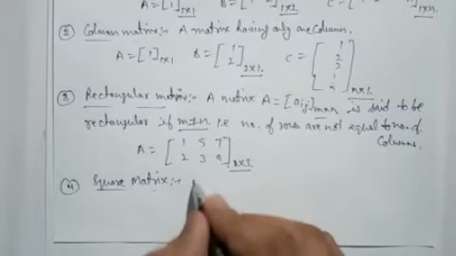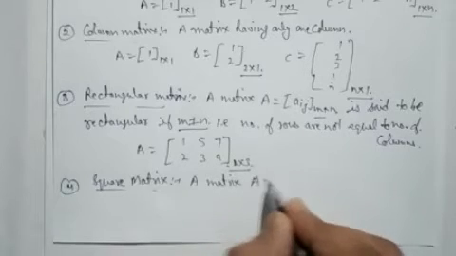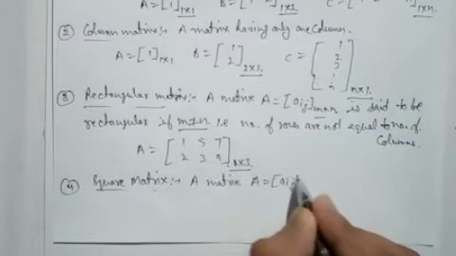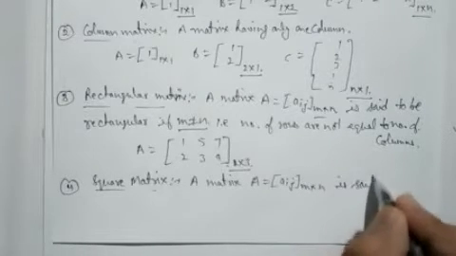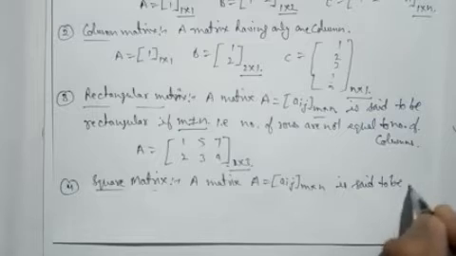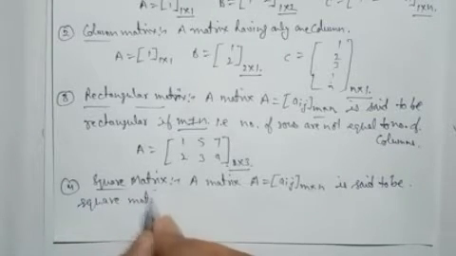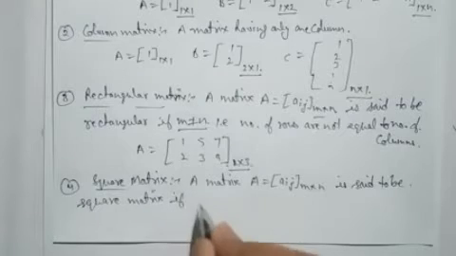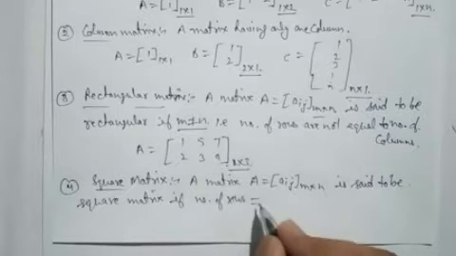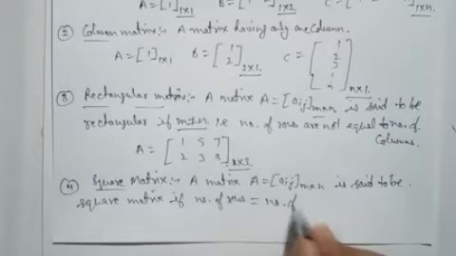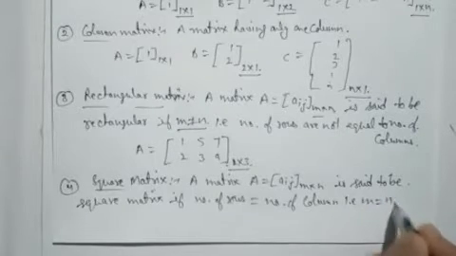Next is the square matrix. As its name indicates, a matrix A equals Aij, m cross n, is said to be a square matrix if the number of rows is equal to the number of columns, that is m equals n.